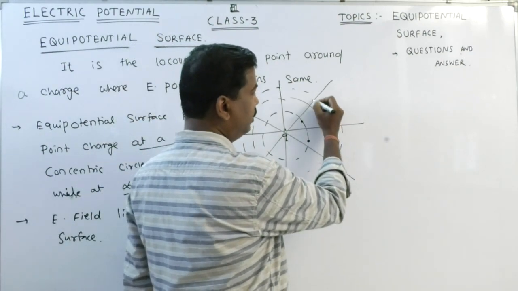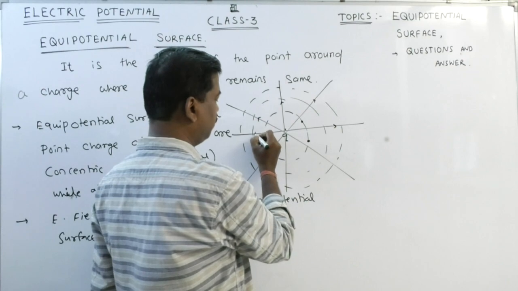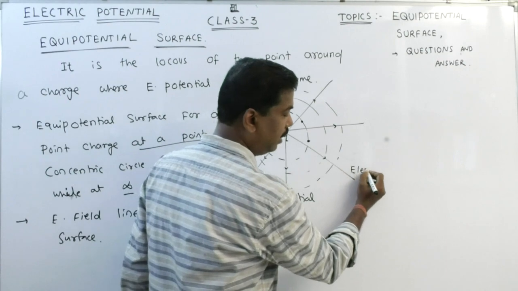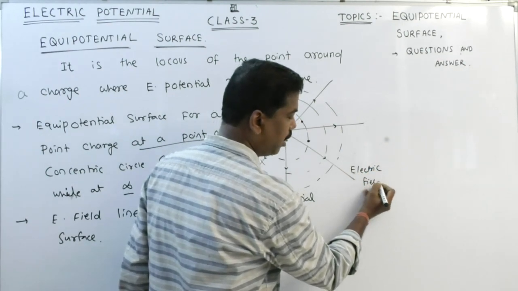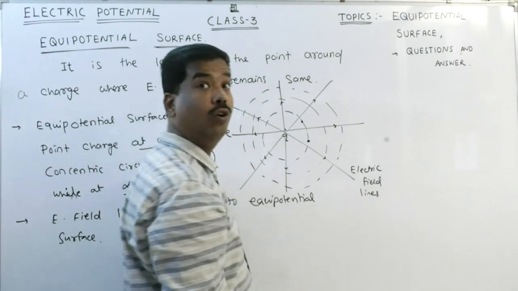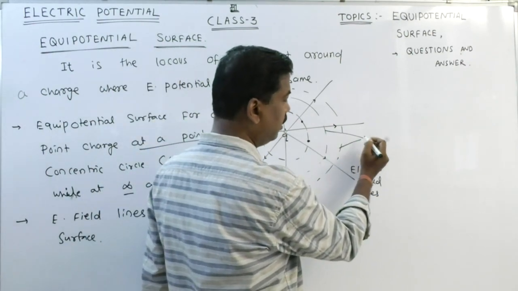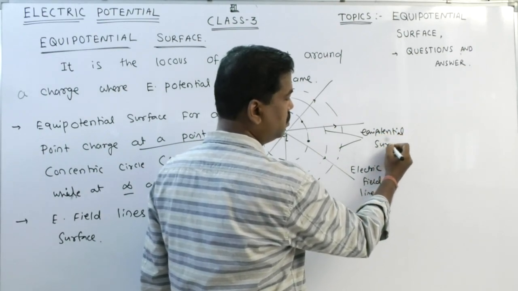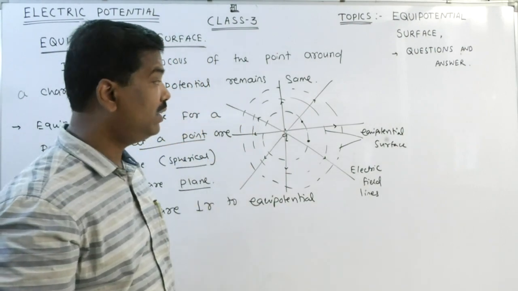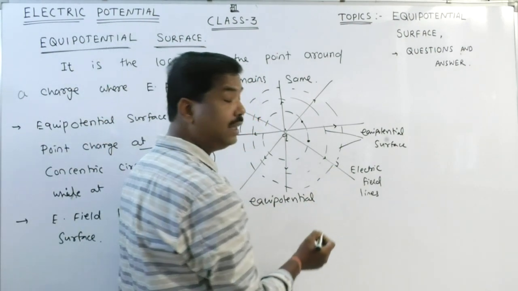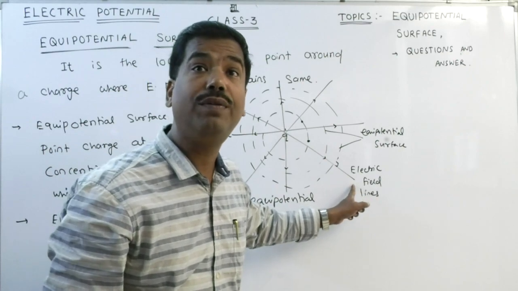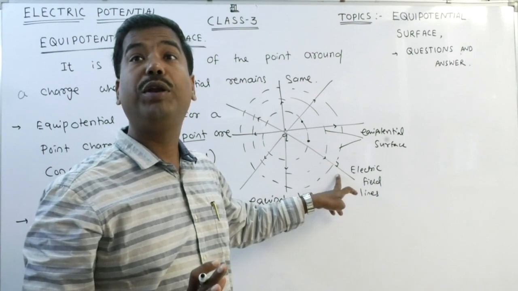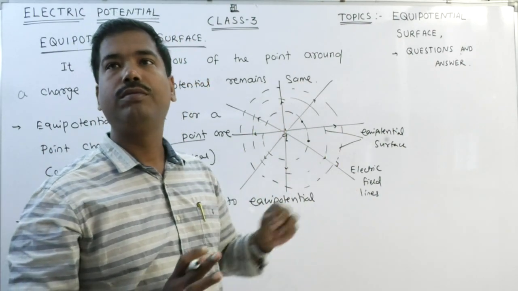These are electric field lines, while these are equipotential surfaces. Clear? It means electric field lines are perpendicular to the surface of a conductor. Clear? Or electric field lines are perpendicular to the equipotential surface. Clear?